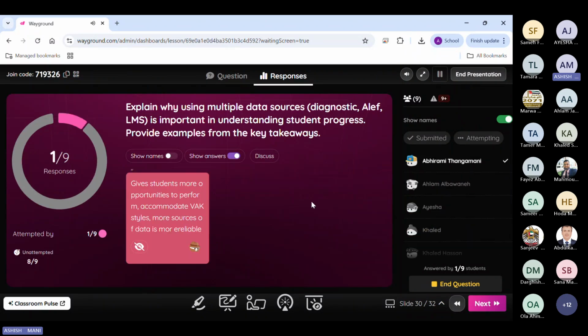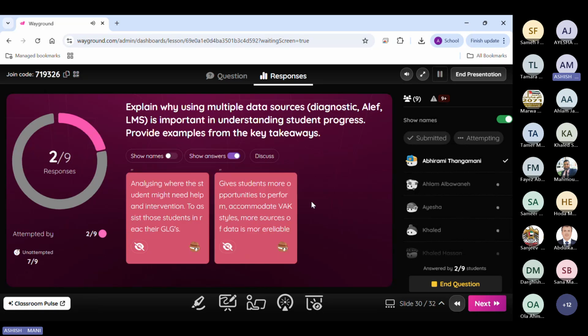Okay. Give students more opportunity to perform, accommodate RAG style, more sources of data is more reliable. Analyze where the student might need help and intervention.